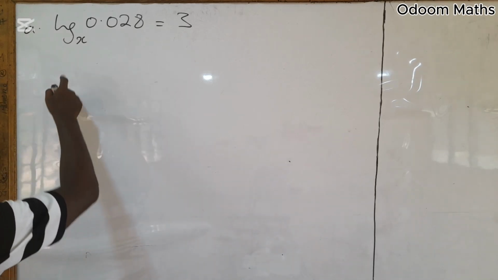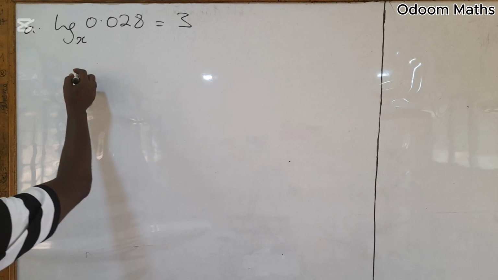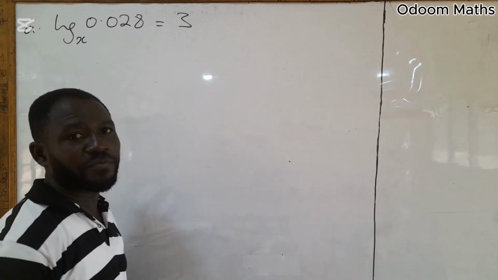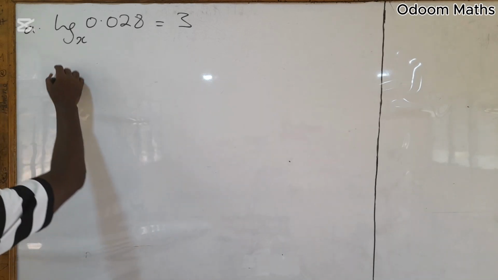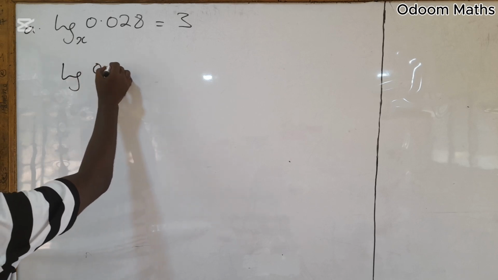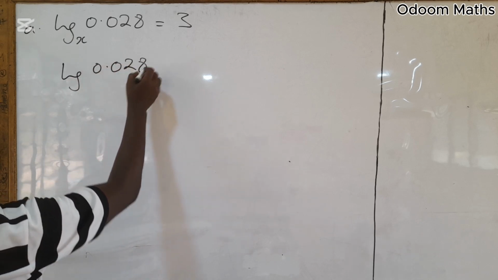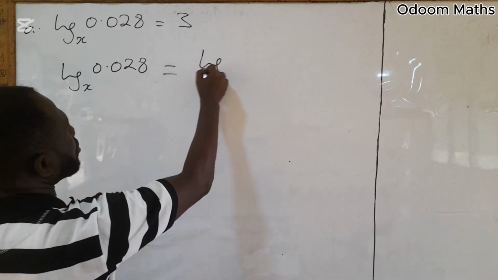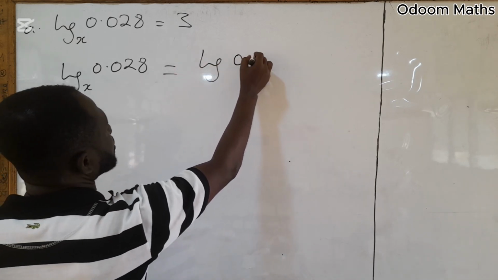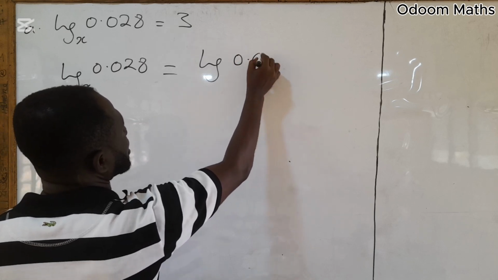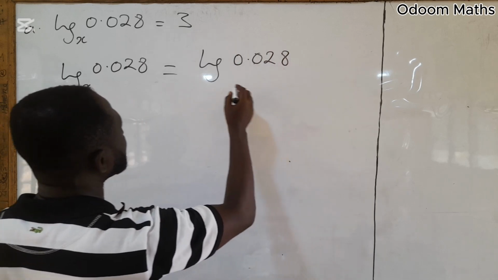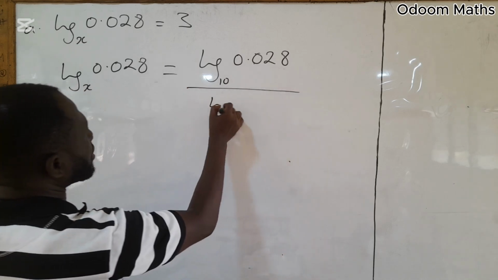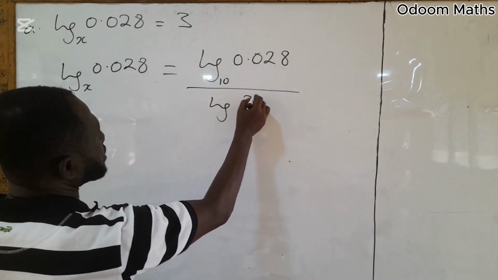From here straight away, we can say that from change of base, log 0.028 base x is equal to log 0.028 base 10 over log x base 10.